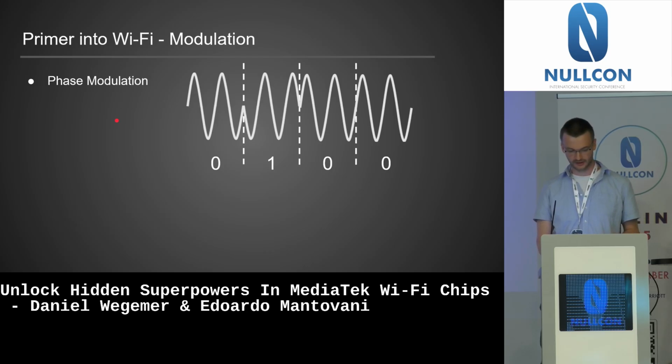The first example I have here, which is important later on, is phase modulation. You can see here, I basically sent 2 sine waves twice for a 0 in this case. And then if I want to send a 1, I just start sending the sine wave at a different point in time.